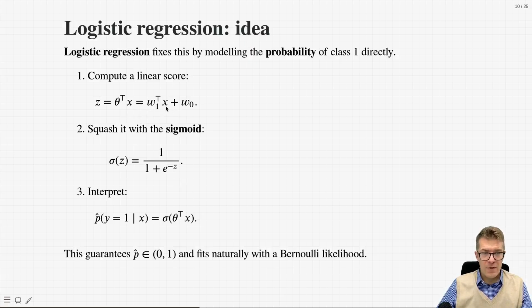So I have a vector of variables x, and I will still transform them with my parameters w sub 1 and w sub 0. So I'm still doing linear regression so far, but the result will now go into a variable z. This variable z, a representation of my linear estimate, will then be squashed into the sigmoid, which we see here.